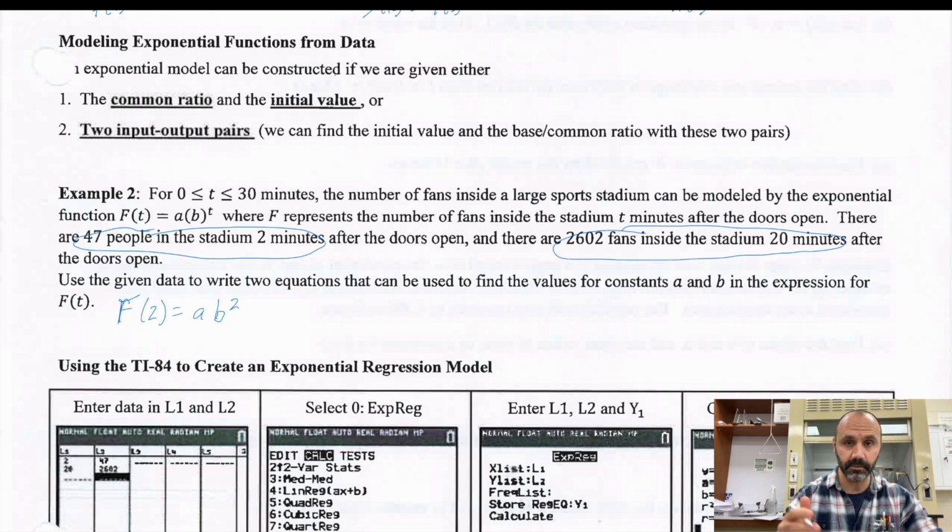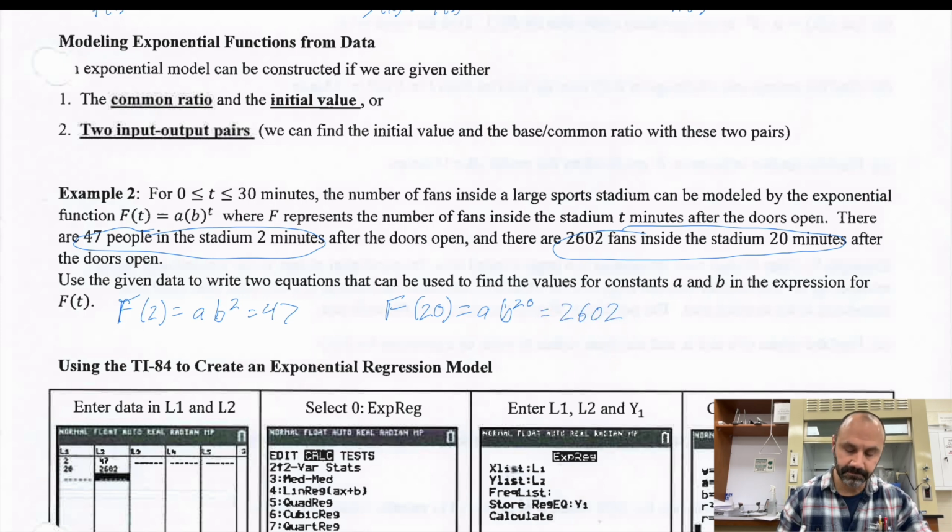I'm putting in 2 as the time, and this is equal to 47. And then also f of 20 equals some initial value times some common ratio to the 20th power, because it's after 20 minutes, and that's equal to 2,602 fans inside of the stadium.